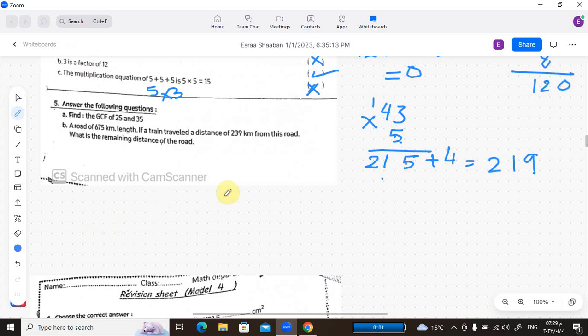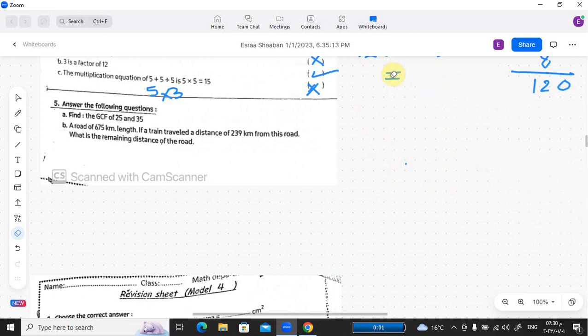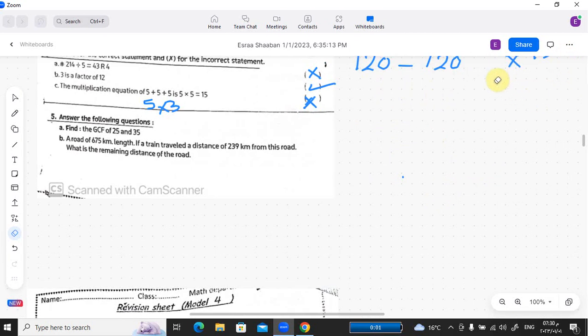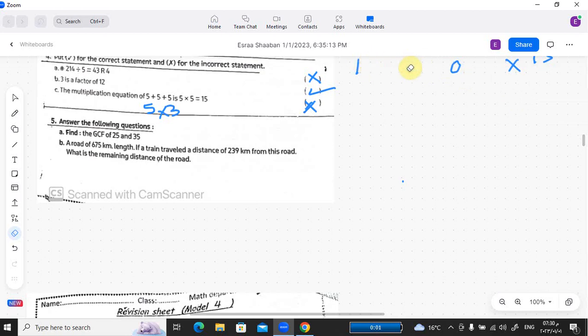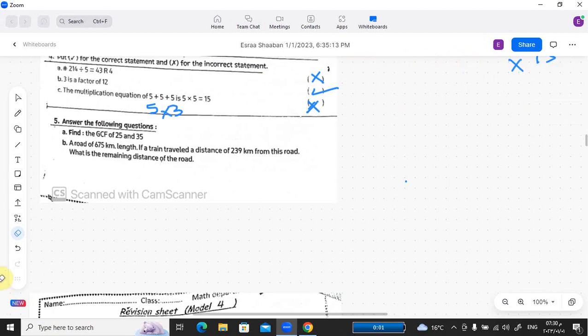Number 5, letter A. Here, find the GCF of 25 and 35. So to find the GCF, we need to find the factors of each number. By T, by rainbow, by factor tree, anything. So let's start with 25 and 35.